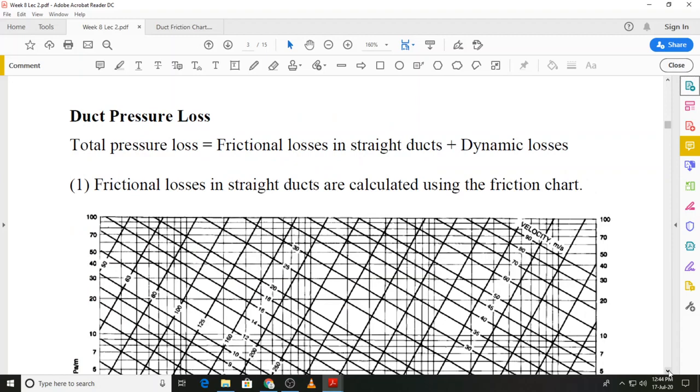A critical part of a duct design exercise is to evaluate the total pressure loss through a ducting system, and the total pressure loss has two components: the frictional losses in the straight parts of the ducts and the dynamic losses, which are the losses that occurred when the air passes through various fittings, that means elbows or T's or such other fittings in the ducting system.